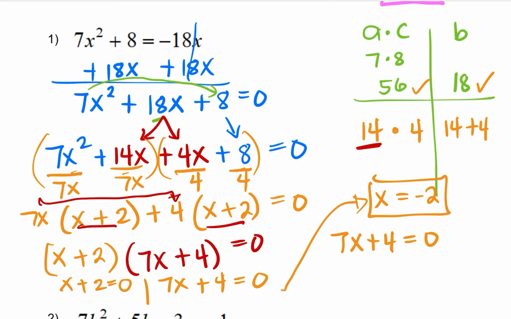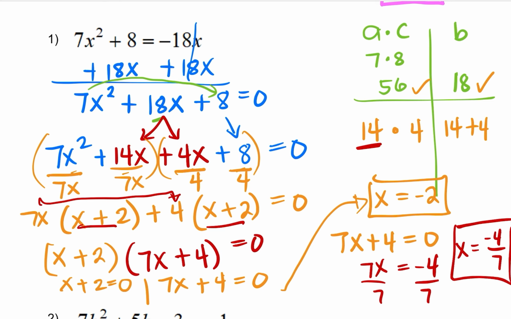Taking the inverse of positive 4, that would be negative 4. Divide both sides by 7. So x is equal to negative 4 over 7. So the solutions for this problem are negative 2 and negative 4 over 7.